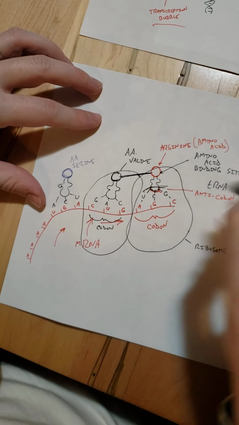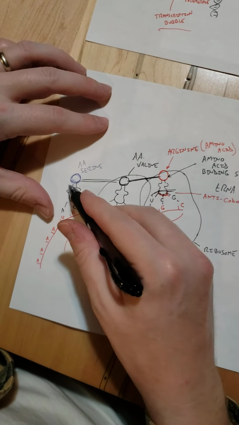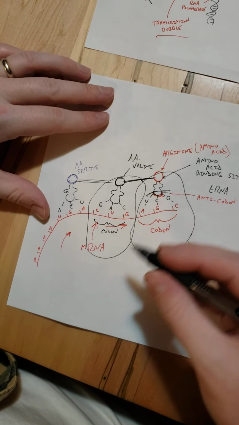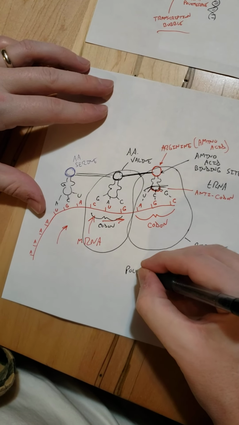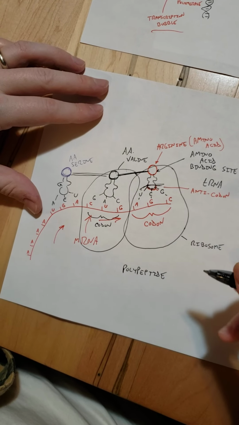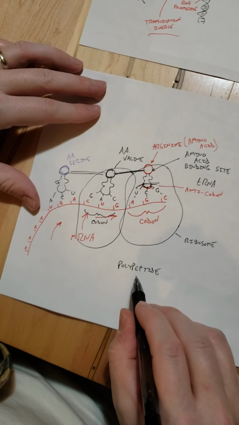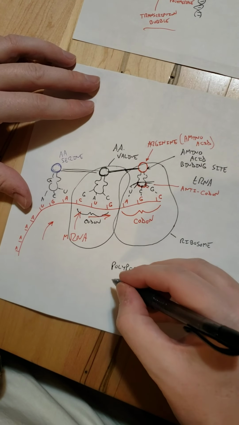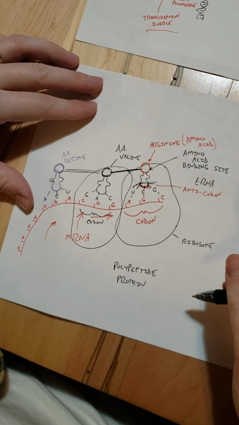And then you can start to see how these amino acids are going to get linked together. A chain of amino acids we could call a polypeptide, or if it was a really long chain of amino acids or several polypeptides stuck together, that is how we make a protein.